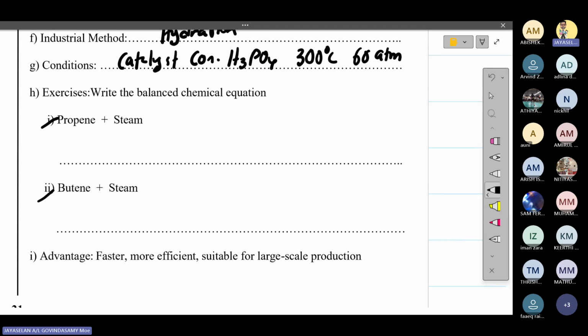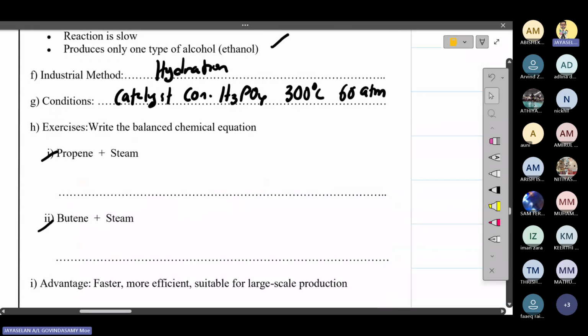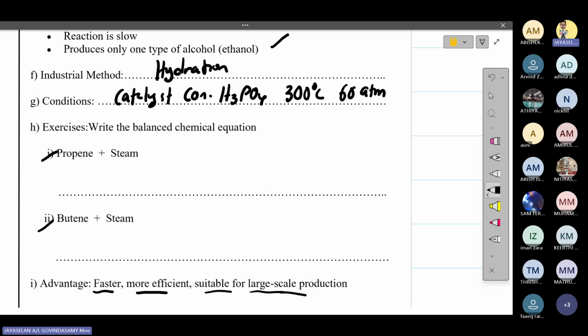What is the advantage of this reaction? Kalau ditanya dalam exam: faster, more efficient, suitable for large scale production of various alcohol. Ini pun kena hafal. So 1 minute to you all to finish up these 2 questions.